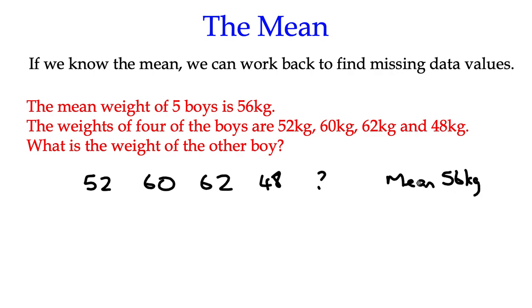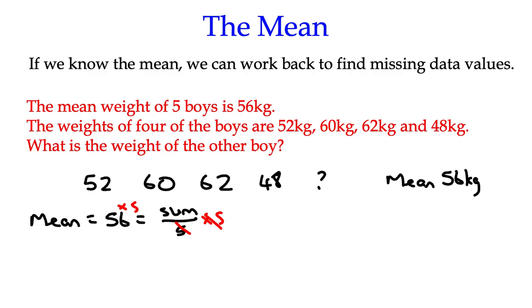Now we know that the mean is what we got when we added them all up and divided by 5. So the mean equals 56, which is the sum divided by 5. If you multiply both sides by 5, then you can see that the sum itself is going to be 56 times 5.